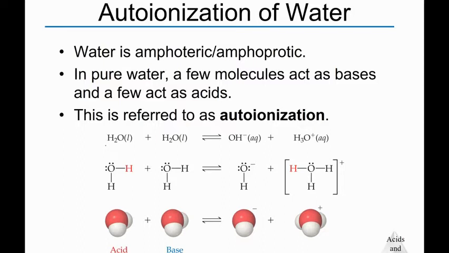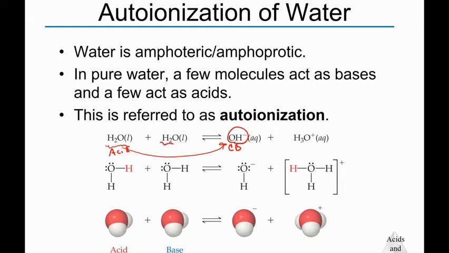So one of the things that you'll notice is, let's say this water molecule right here donates a proton, and in that case is what we would call the Bronsted-Lowry acid, and here's the conjugate base being a hydroxide ion.